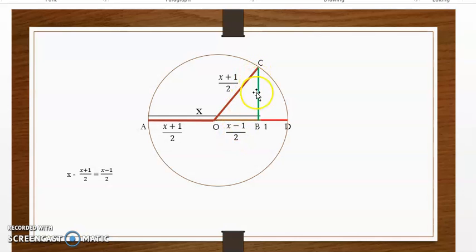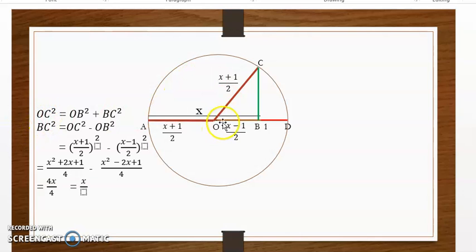Okay. So now I have a right angle triangle OBC whose hypotenuse is (x+1)/2 and whose base is (x-1)/2. Now using Pythagoras theorem, OC square is OB square plus BC square. So BC square is OC square minus OB square. OC square is ((x+1)/2) whole square minus OB square, ((x-1)/2) whole square.